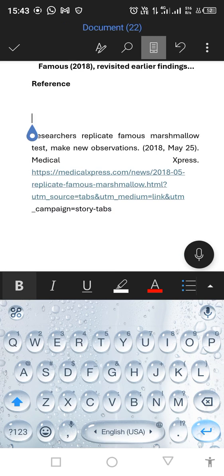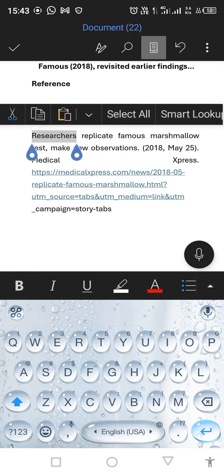We are going to bring out the title and the subtitle, whatever we have on that document. I'm going to bring out the title, the subtitle, the year, and the month, and then the URL, like it was established earlier on. Now, what do we have here? You see, researchers replicate famous marshmallow test, make new observation.